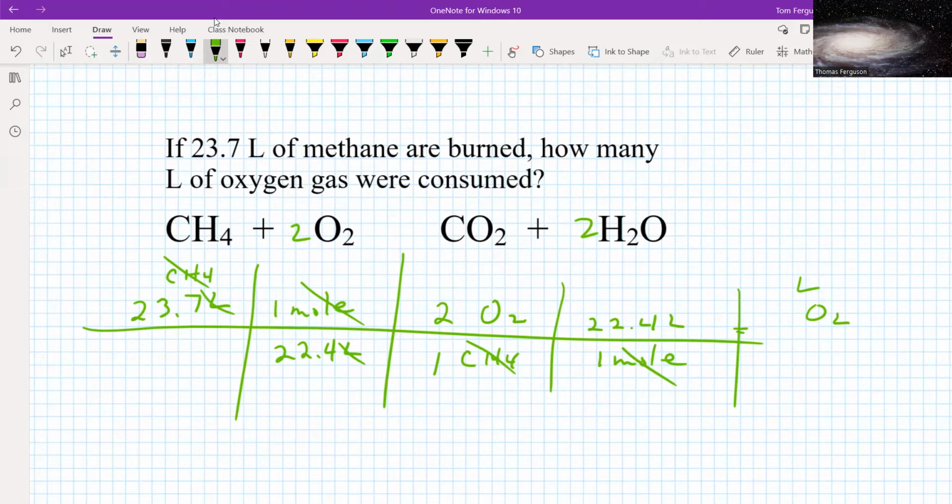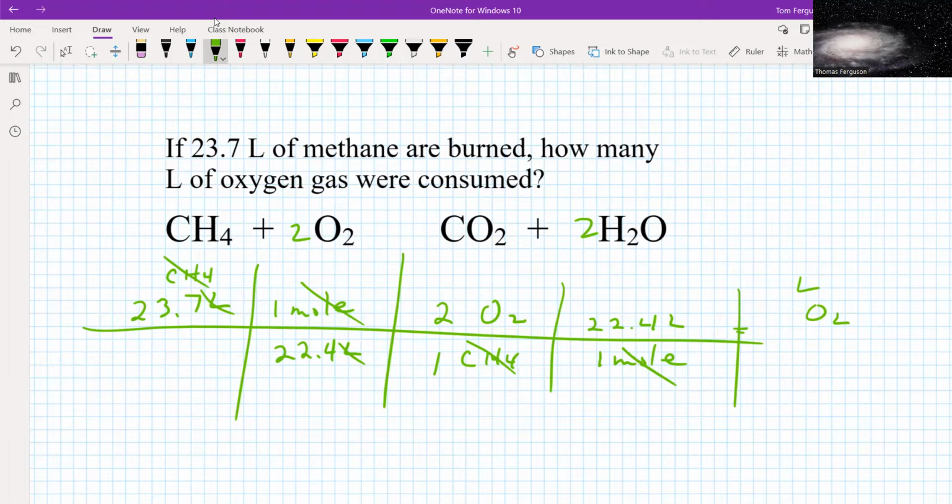Can anyone see a shortcut on doing this problem? Exactly. We have 22.4 on the bottom, 22.4 on top.